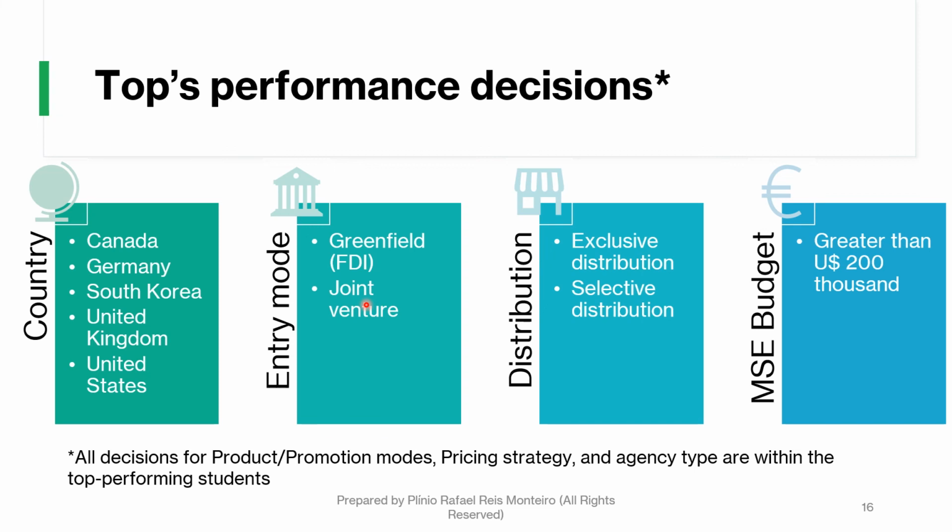Of course, you can go bankrupt and lose a lot of money, but to achieve higher results, you also need to risk. And this is why these high risk entry modes lead companies to achieve higher performance. Looking at the countries here, most of them are really big countries like United States, and a lot of them are close to your home market, like Canada, Germany, or they are big and with really good GDP per capita, like United Kingdom.